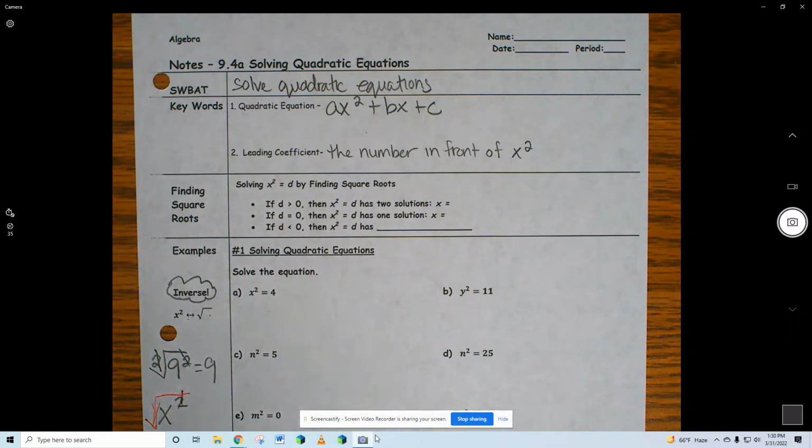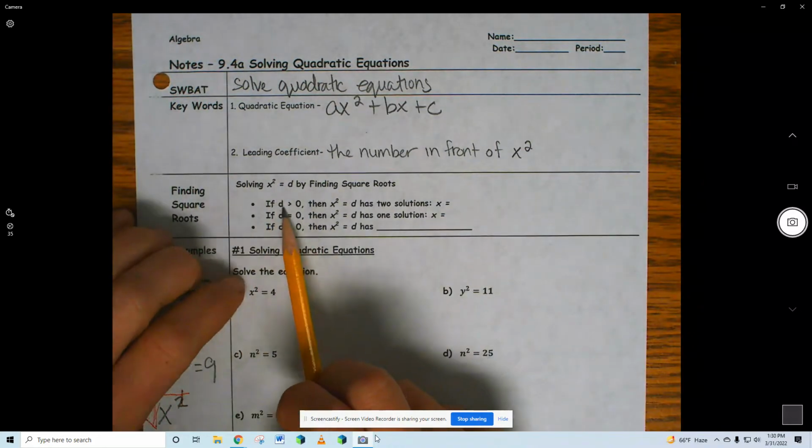The number in front, basically. Our formatting today is going to be super simple. We're going to have an x squared or a y squared, and then it's going to have an equal, and then I'll have a number. Super short and super easy.